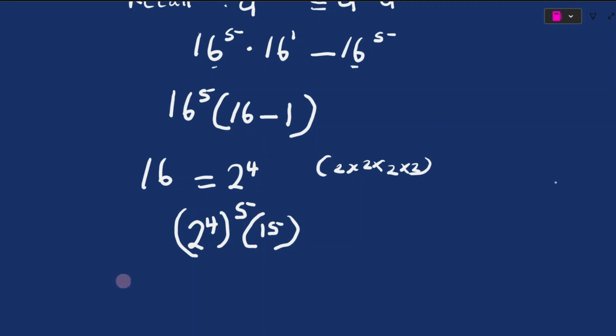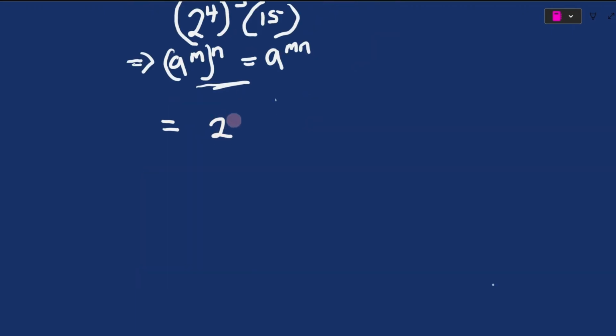Also, remember the exponent rule that says a raised to power m, bracket raised to power n, is equal to a raised to power mn. If we apply this exponent rule here, we will now have 2 raised to power 4 multiply 5 bracket 15.